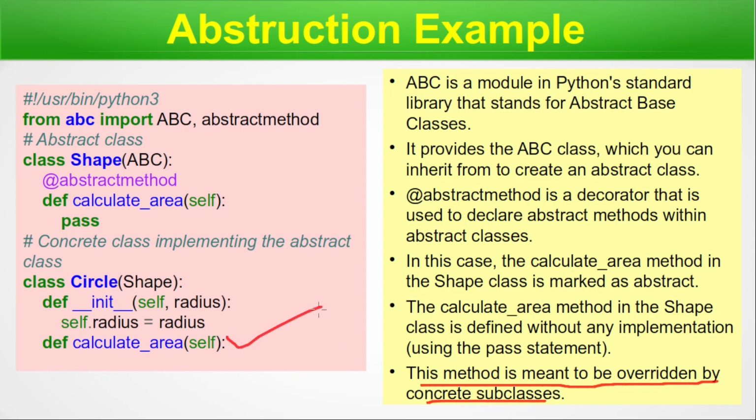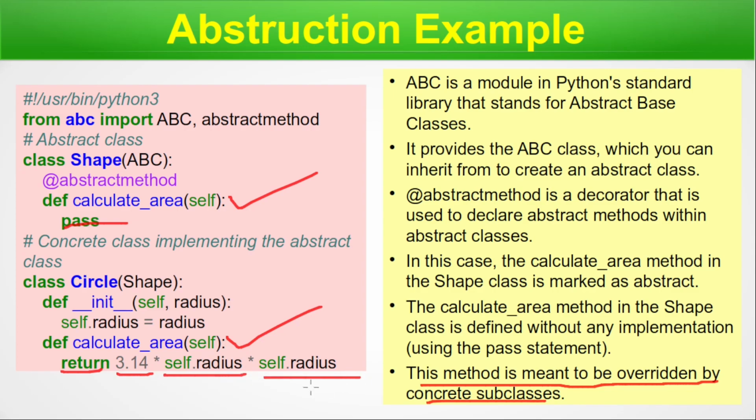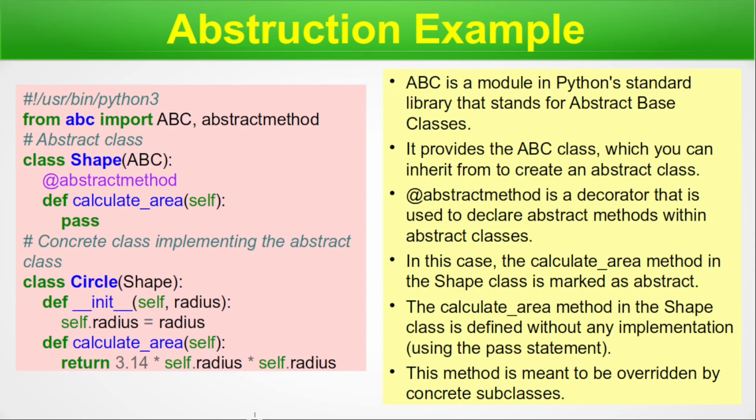Now we are making the abstract definition which was there in a specific manner for the circle. It will return, the pass statement is not there, instead there is a return statement, 3.14 * self.radius * self.radius, that is pi r squared. Pi is the value 3.14, and r squared, that is radius squared, is self.radius * self.radius. So this gives the circle area, and the area will be in square units.